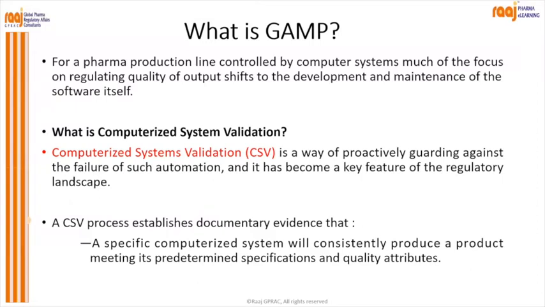But if you forget to calibrate, or if the system is computerized and you forget to go for the CSV, computer system validation, then the output coming out of that balance will not be acceptable to any health authority. That's the reason the weighing balance is also very critical, and if it is computerized, then it is more critical.